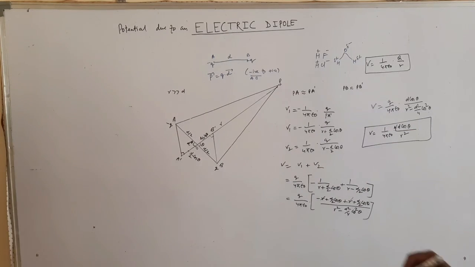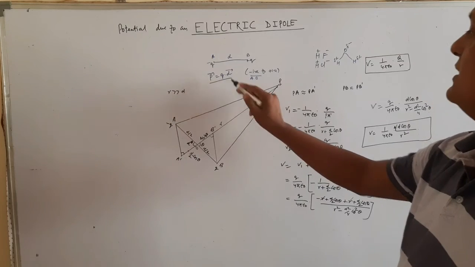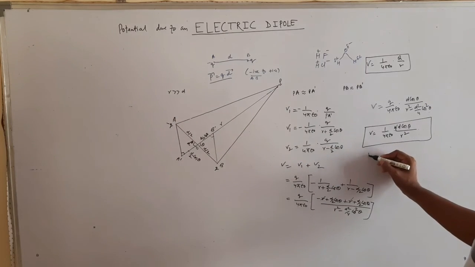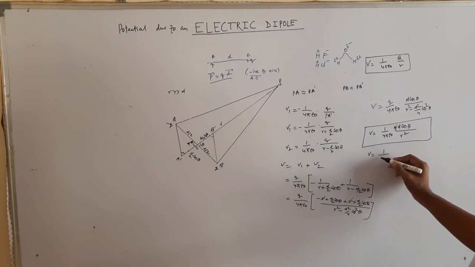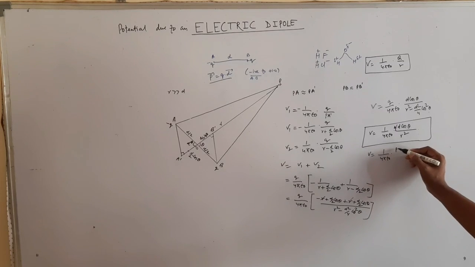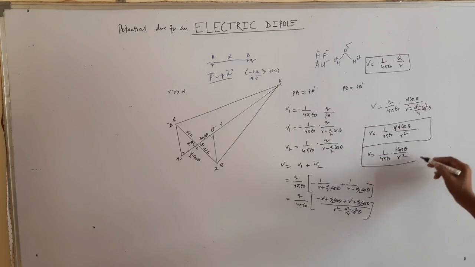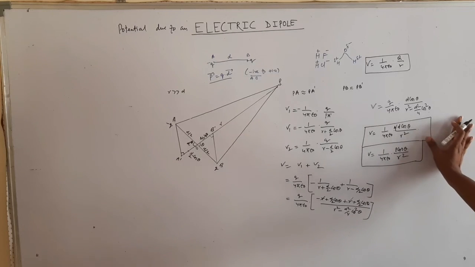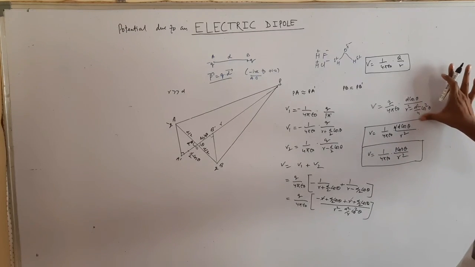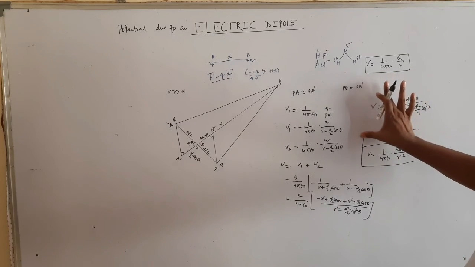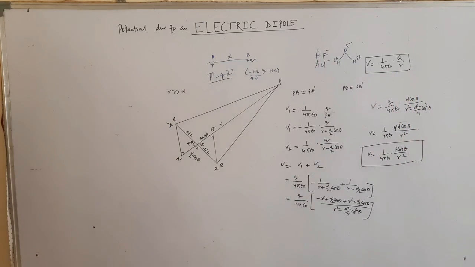So q d cos theta. Now since p bar is qd, you can also write V is 1 by 4 pi epsilon naught p cos theta upon r square. Now this you can consider as your final answer, the final value of the expression, rather than that one.